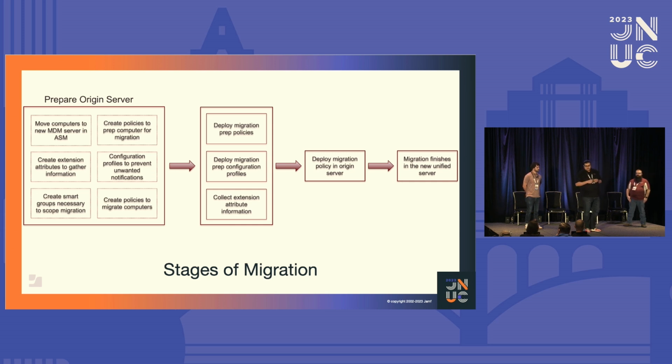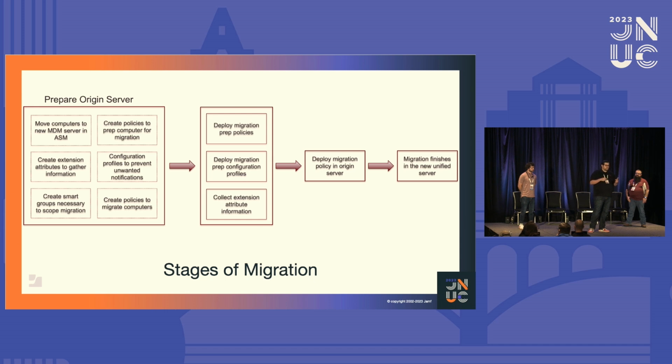So after we start the prep, we're gonna move to stage 2, the deployment of the prep policies. At this point, we're gonna start deploying the migration prep policies across the server using the groups that we made in stage 1. All these different things vary among the servers because some of them were simpler, some more complicated, and we had to solve different issues depending on which server we were at. The policies will either uninstall or fix software that would interfere with migration.